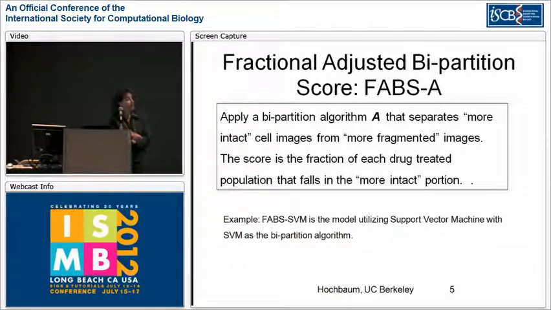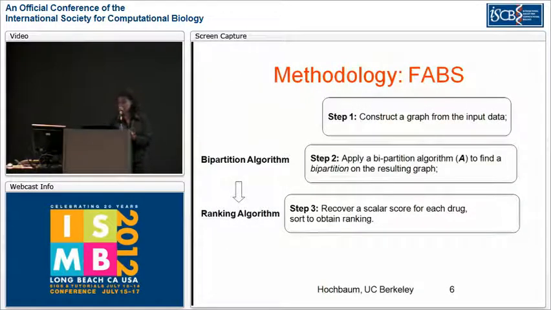One application that we used is support vector machine, a very famous data mining algorithm, and we used it as a bipartition in this setup. So the general structure is, first of all, to construct a graph, which I'll tell you shortly how this is done. Once the graph is constructed, we apply the bipartition algorithm, whatever it is.